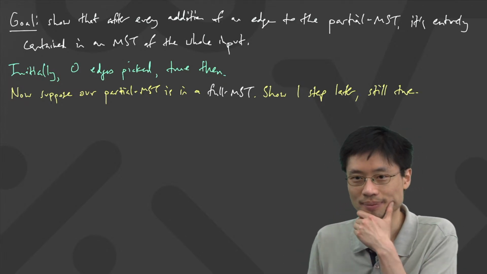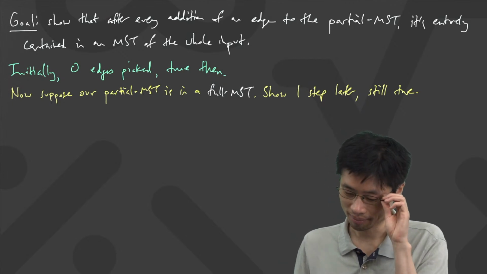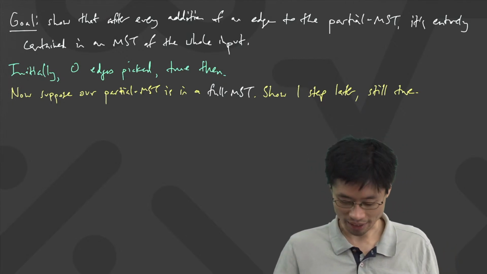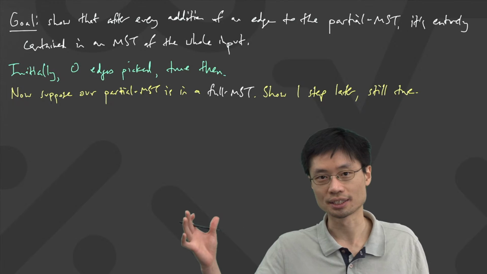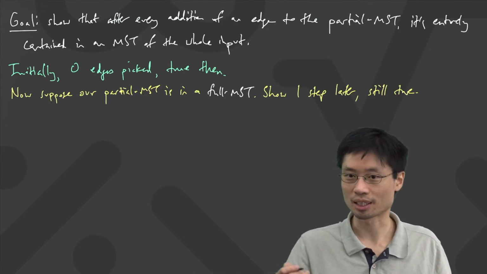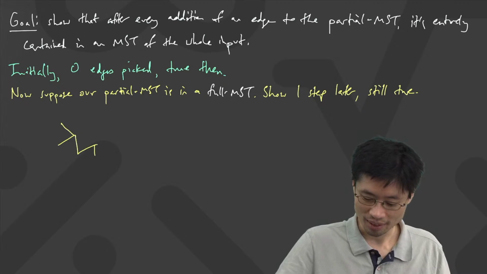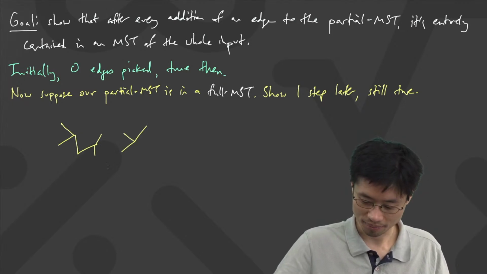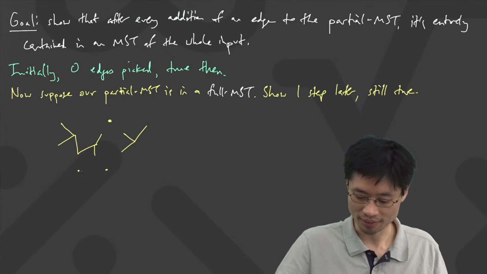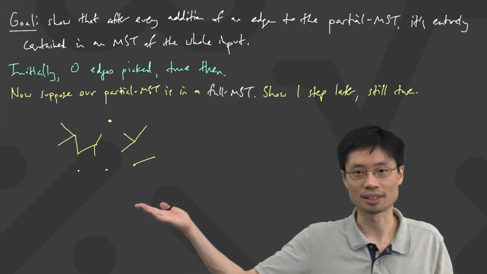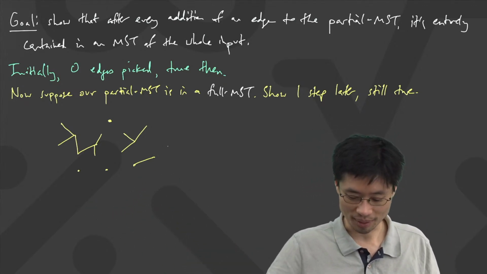Well, what would that look like? I guess we've got to draw this out, right? We've got our partial MST so far. What is different about this and the Prim's algorithm we talked about before is that now it doesn't really look like a tree. There could be some vertices that haven't even been picked yet. Does that make sense? It might look something like this, just some random thing that I drew.